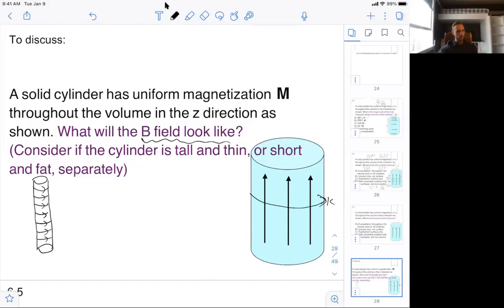What does this look like to you? It looks like a conducting wire. What about them wrapping around many rounds? Oh, a solenoid. Yes. So tall and thin is like a solenoid, and what would B look like?